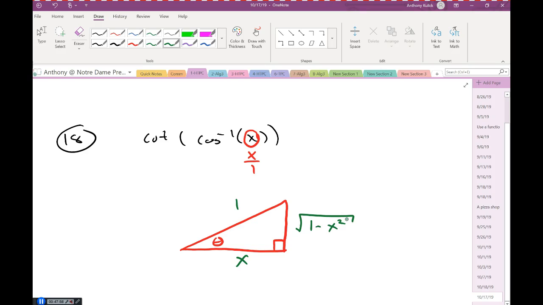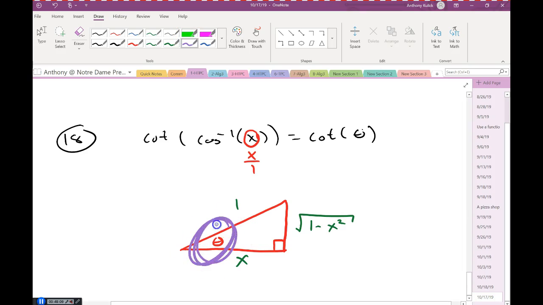All right, so what can I say now? I can say that cotangent of cosine inverse of x is really cotangent of this theta, specifically this theta right here. How do I find cotangent?